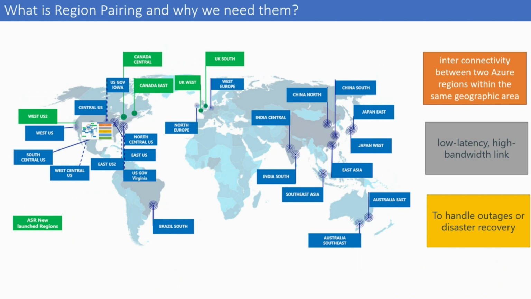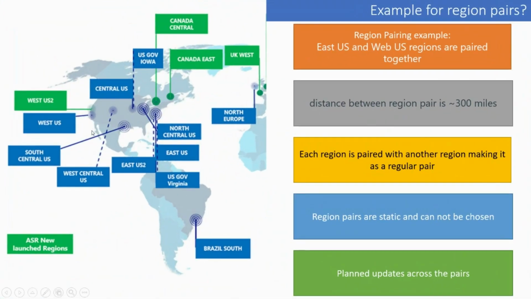They help to design geographically redundant solutions, for example, to duplicate data and services across the regions for disaster recovery and high availability. The primary region is where the majority of the workload is running, and the secondary region is used for failover in case of an outage or disruption in the primary region.